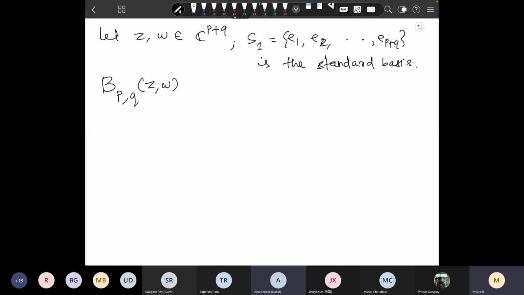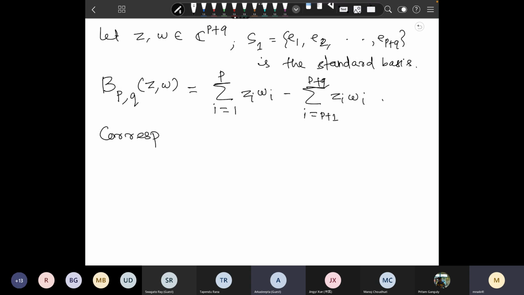B_(p,q)(z, w) is the sum for i equals 1 to p of z_i w_i minus the sum for i equals p+1 to p+q of z_i w_i. The corresponding matrix with respect to basis S1 is I_(p,q).